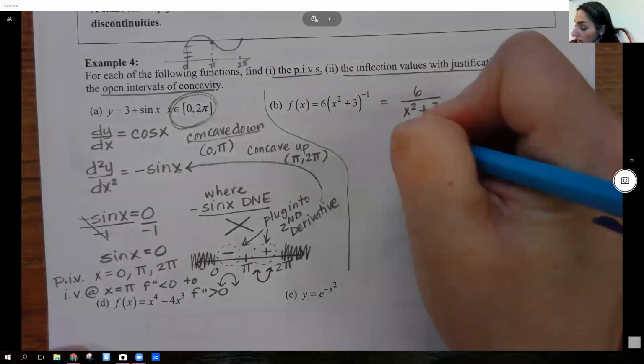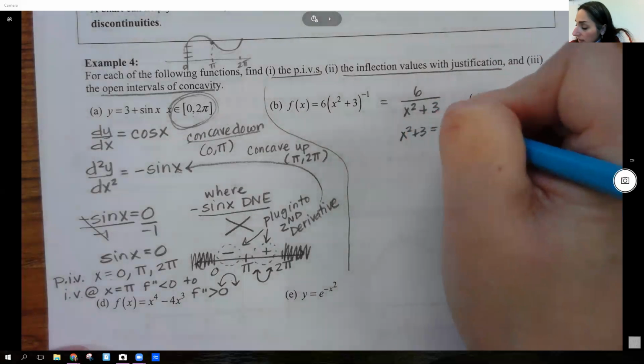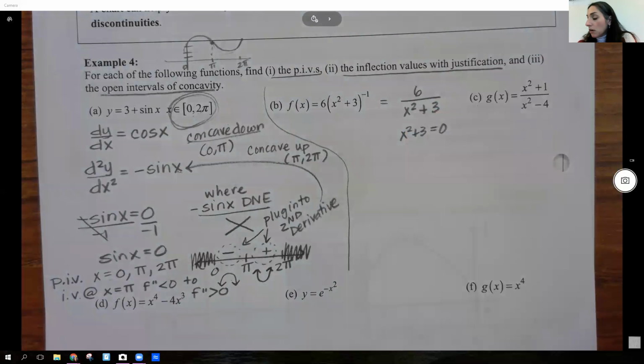So if you took x squared plus 3 and set it equal to 0, is there going to be an x value that's going to make that 0? The square root of -3.